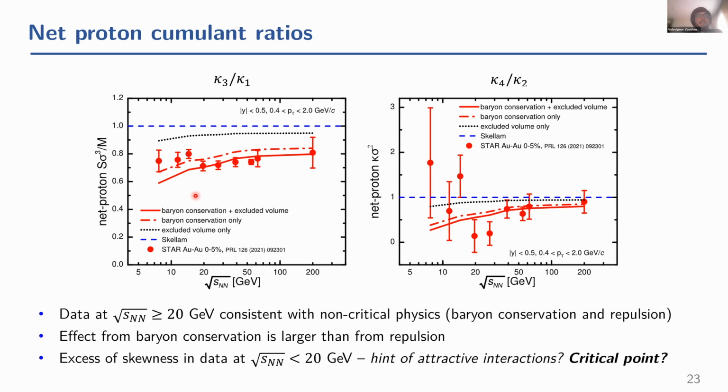When we incorporate both baryon conservation and repulsion, it's the full red lines here, we obtain a quantitative description above 20 GeV square root of s, but at lower energies, one sees that the data show an excess of skewness over the baselines. So we still see a suppression, but it seems that something is changing as the collision energy is decreased below 20 GeV.